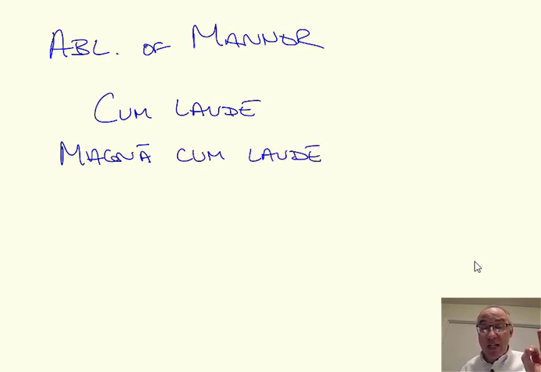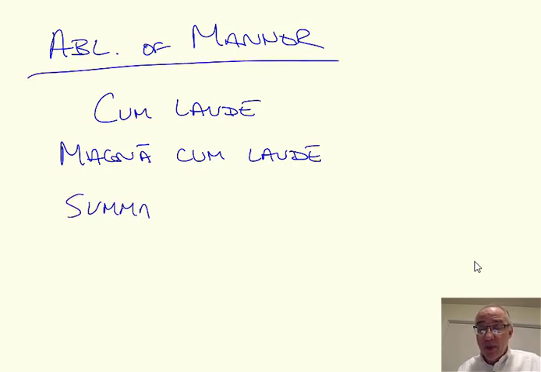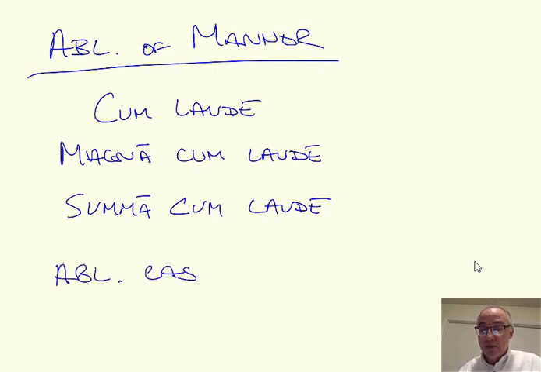And yes, when there's an adjective modifying the noun, the cum goes in the middle. Summa cum laude, with the highest praise. So the manner in which something is done uses the ablative case with the preposition cum.